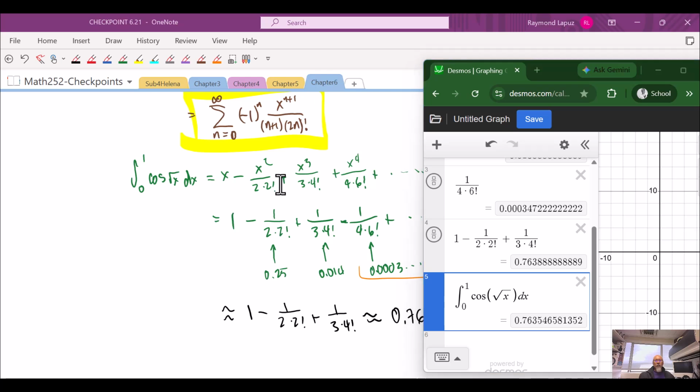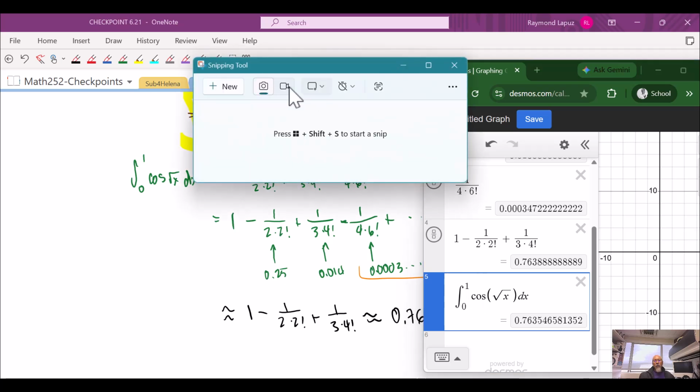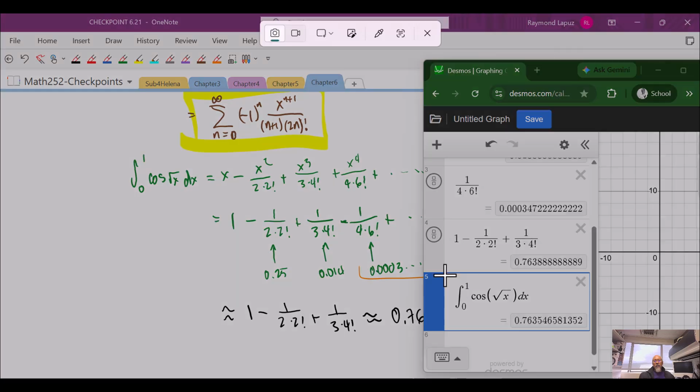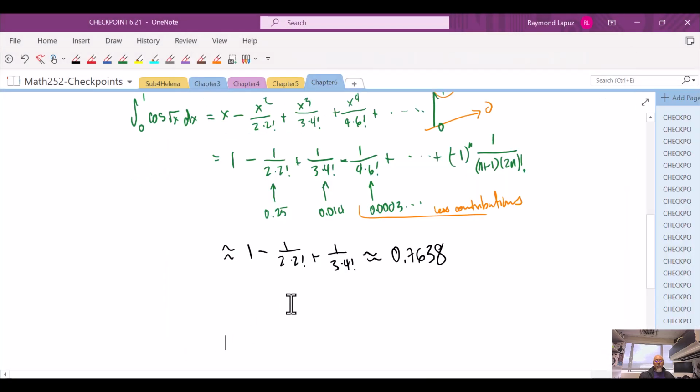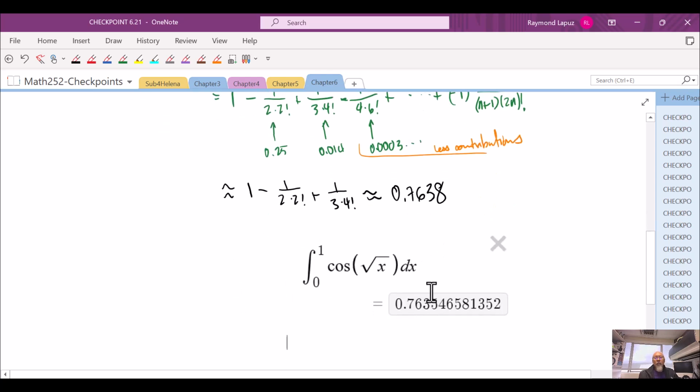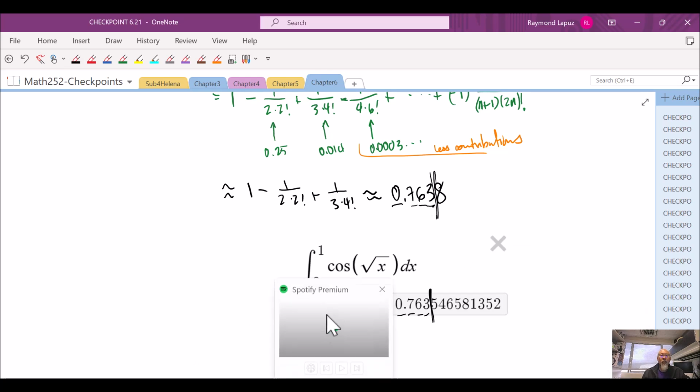So if we look at this value here, we'll see that it is very close to our estimated value. And if we look at that, we could see that it's good for 763, and then it's good up to here, and that's an error that's within 0.01. All right, I hope that helps. Good luck.